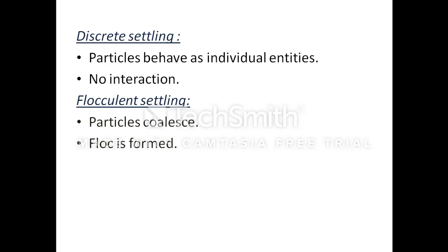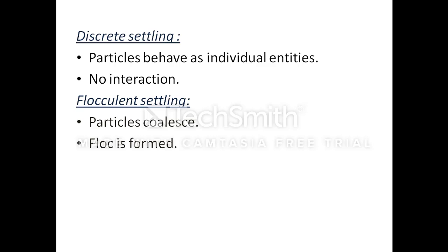In this type of settling, the particles in water behave as individual entities. There is no interaction between the neighboring particles. This type of settling occurs when the concentration of particles in the water is less. That is, the concentration of suspended matter is less.